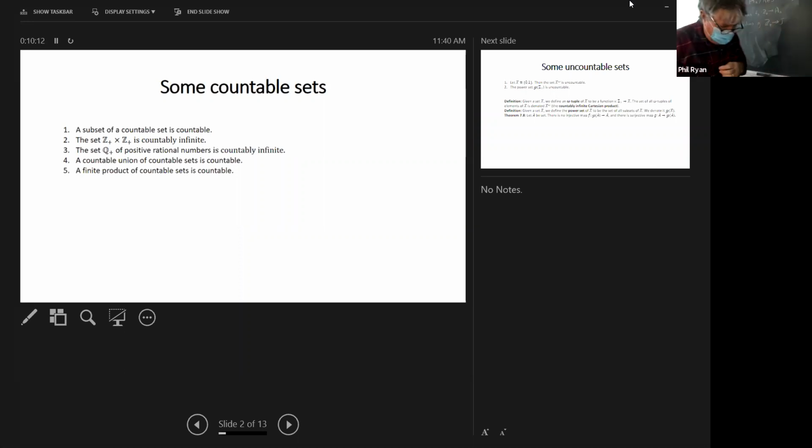Now we want to define a new function h that's going to go from Z plus cross Z plus into the union of our sets.